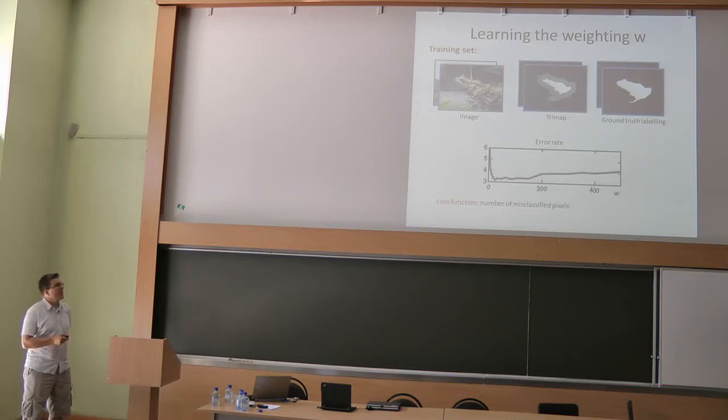Let's say we just pick a certain W, and then we run our technique, we get some results, and now we compare in terms of pixels how many have been classified correctly, and how many are incorrect. Measuring that is called a loss function, and the number of misclassified pixels is called the Hamming loss. So basically we try to optimize W under the Hamming loss. And so we could look at different W's, and we can look at this error, and you see that it goes down, and a certain W is a good value, and then when you have a larger W, it starts to increase. Okay?